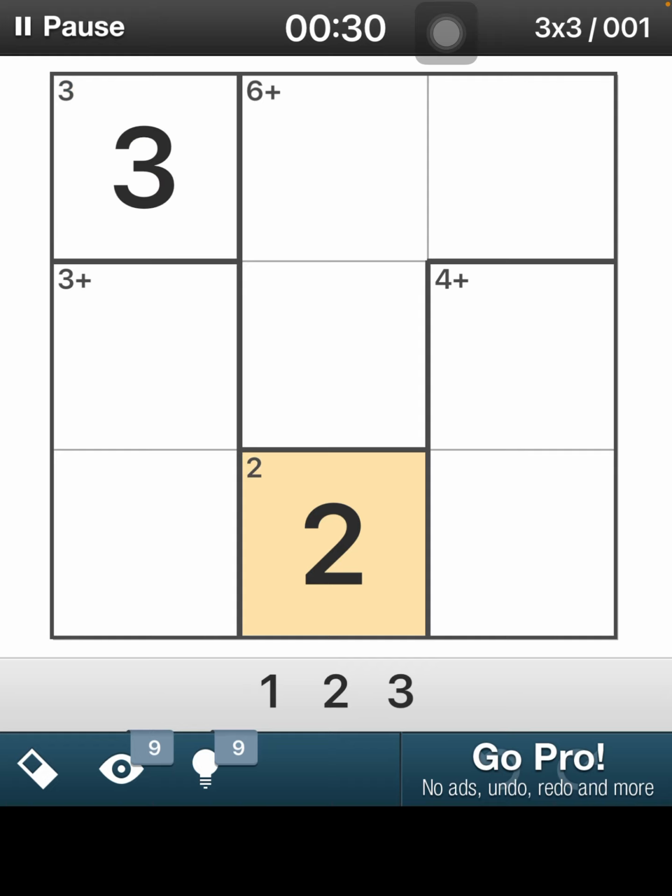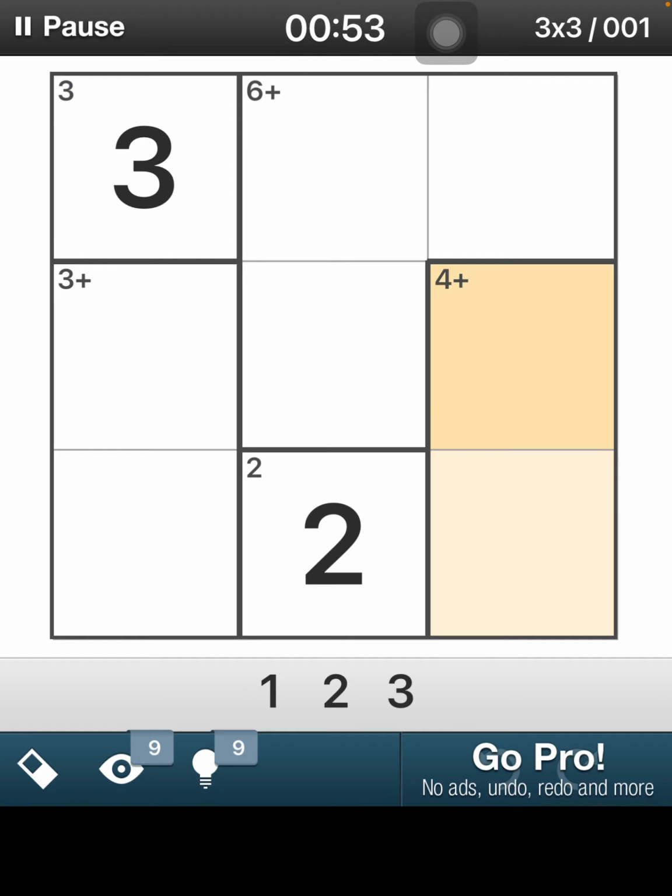Here, we're gonna have to start working our way, but it'll be easy. 4, and you can see the little plus in the corner tells me whatever numbers I put in here, I have to add together to get 4.